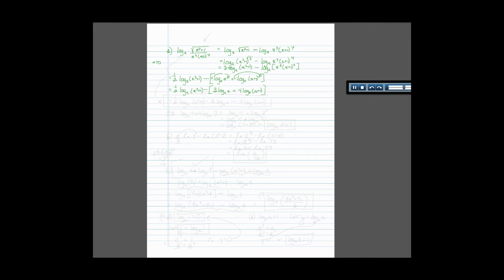And now there's only one step left. I'm going to distribute that negative sign, the subtraction. So I have 1/2 log base a of (x squared plus 1) minus 3 log base a of x minus 4 log base a of (x plus 1).